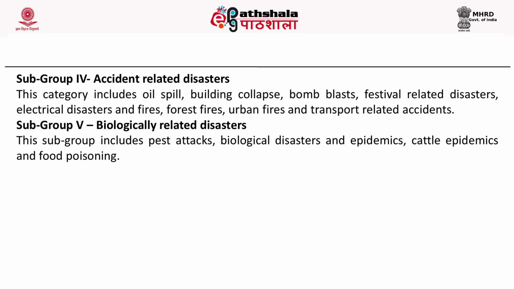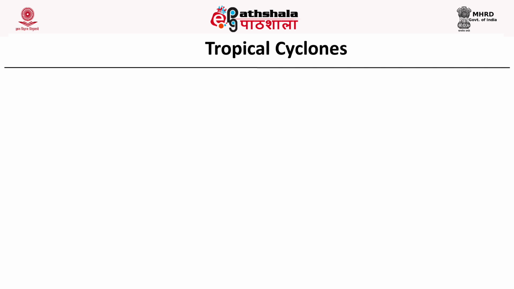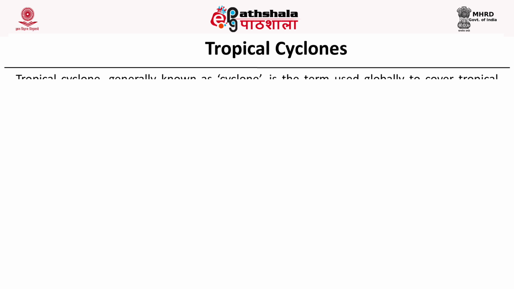The last subgroup is of biologically related disasters, which includes pest attacks, biological disasters and epidemics. That also includes cattle epidemics and food poisoning. So, let us see some of these natural and man-made disasters in a bit of detail.